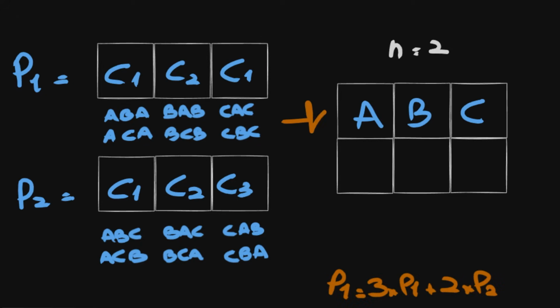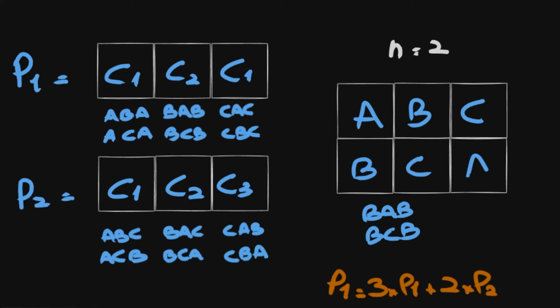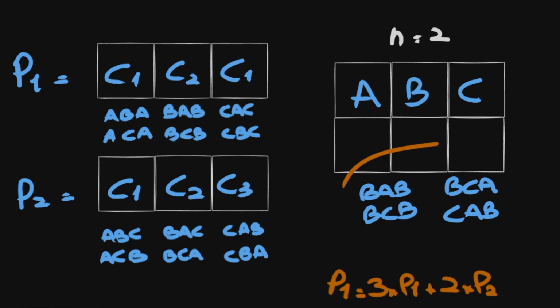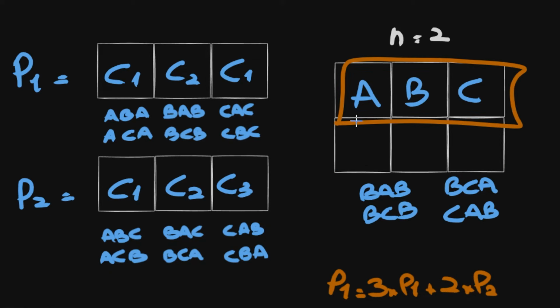Now, what if we start with some pattern number 2? Let's say that we start with ABC. The question is, what can we put in the next row? Well, we can put BAB, BCB, BCA, or CAB. These are the only 4 possibilities for this row if we start with pattern number 2 in row number 1.